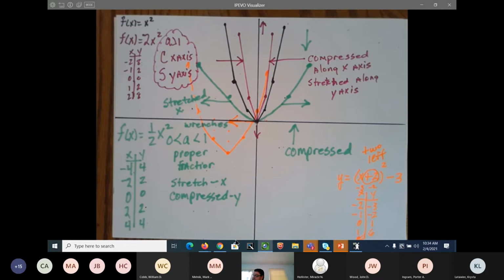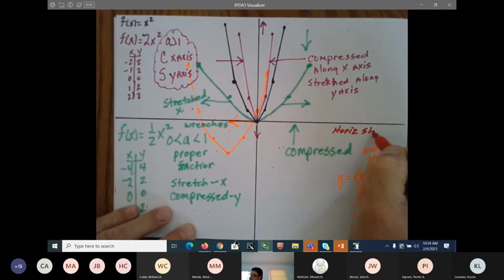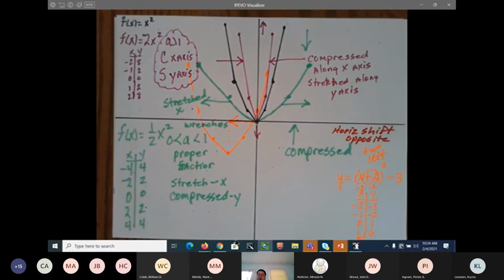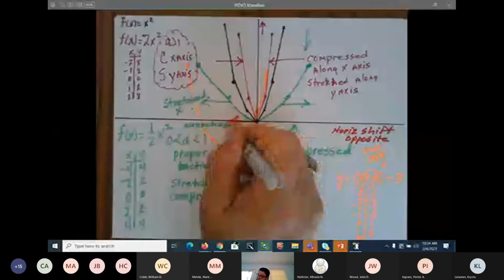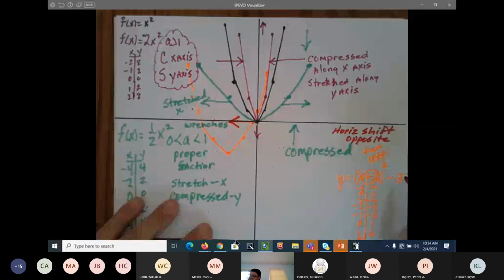This is red, so that means you need to highlight. The horizontal shift is always opposite. So that's a +2, and you've got a horizontal shift of 2 to the left. And then the vertical shift is 3 down.